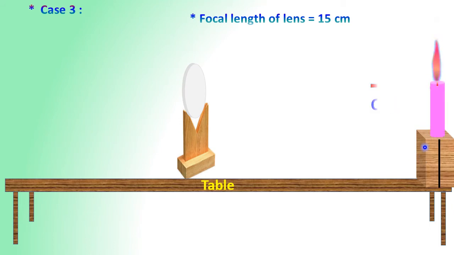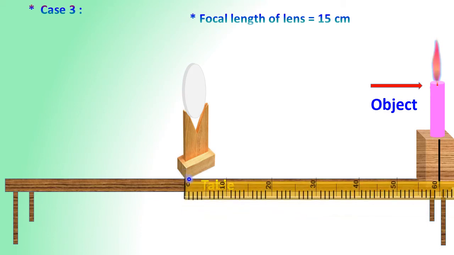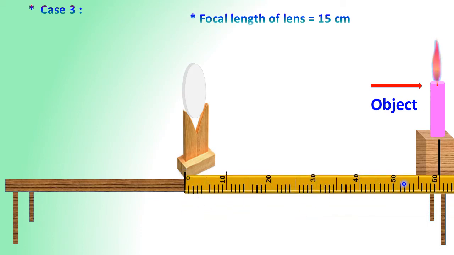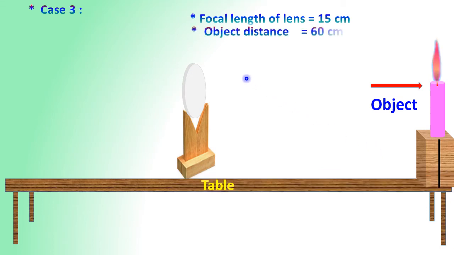This is the candle and nothing but the object. Now let us measure the distance of the object from the V stand, that is from here. So it is 60 centimeters. The distance of the object from the lens is equal to 60 centimeters. So object distance equal to 60 centimeters.